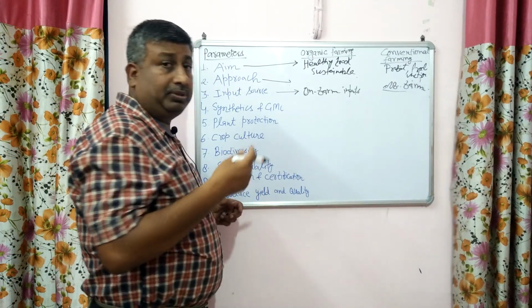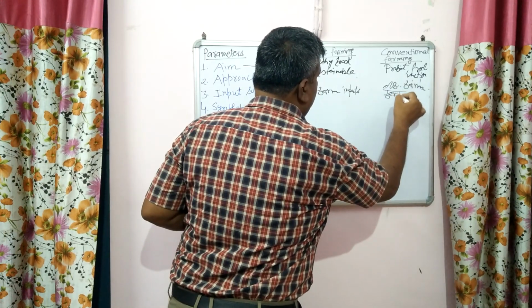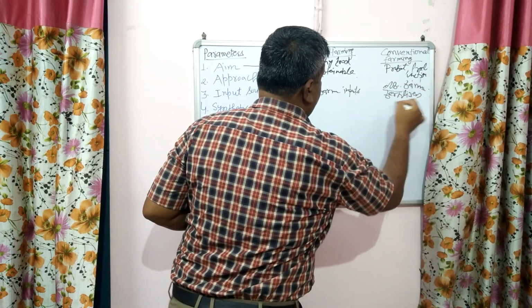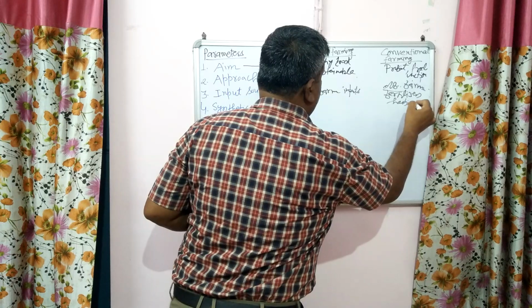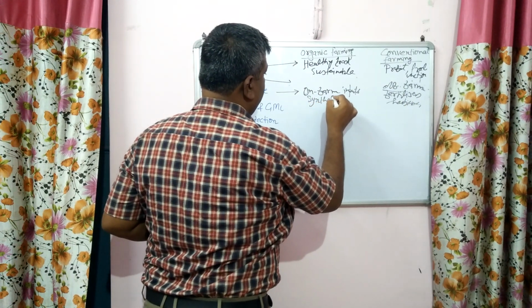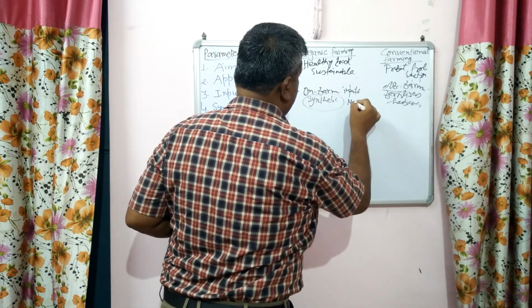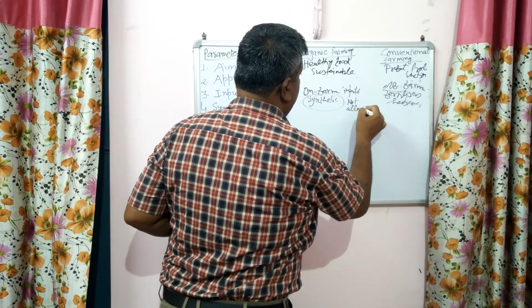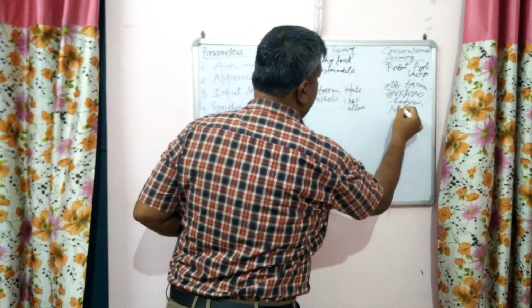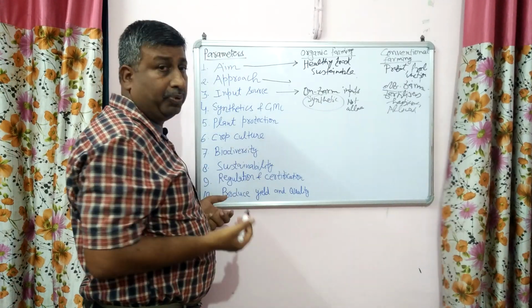Here they use synthetics, fertilizers, pesticides, herbicides. So this is the input, and here synthetics are not allowed. Here synthetics are allowed, so there is intensive use of input.